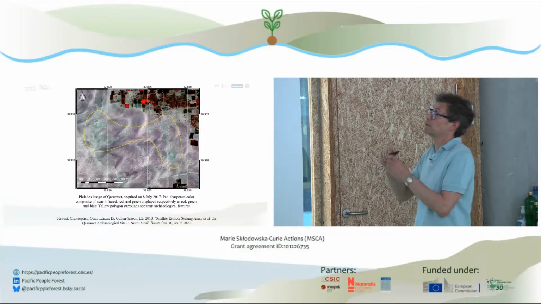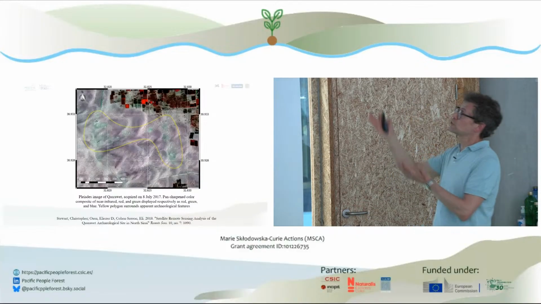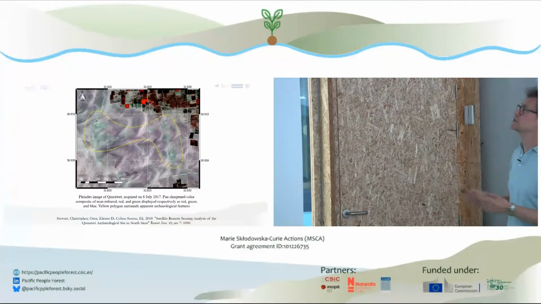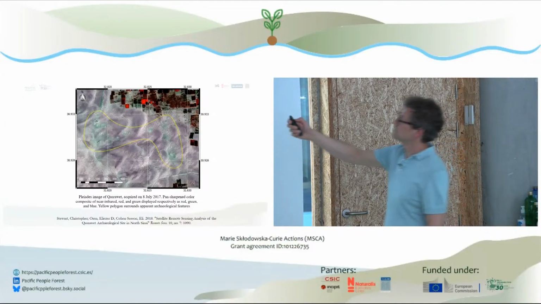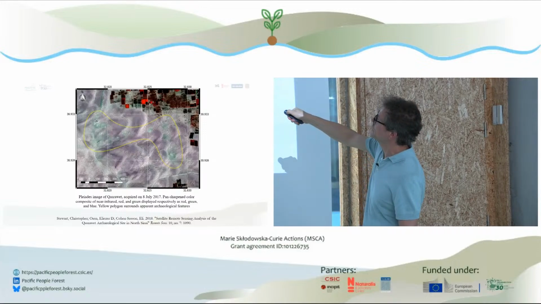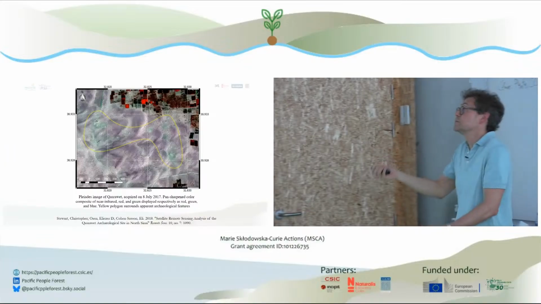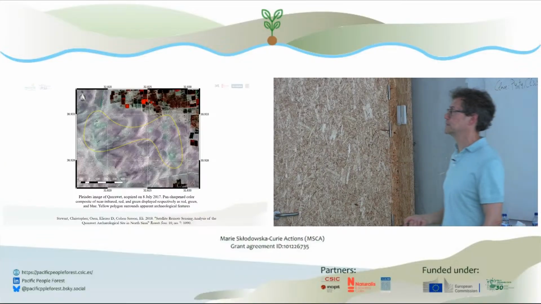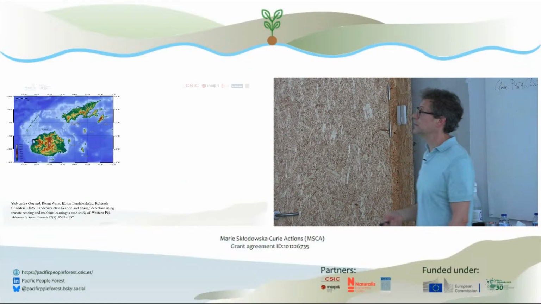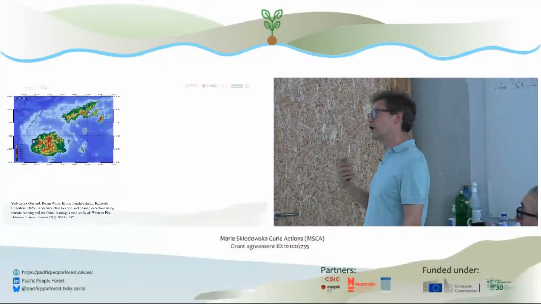The soil is probably thinner in those areas, so it retains less humidity. So with proper processing of satellite images, these greener areas probably are reflecting the existence of archaeological remains beneath that. Okay, this is a typical use of satellite imagery in archaeological survey.